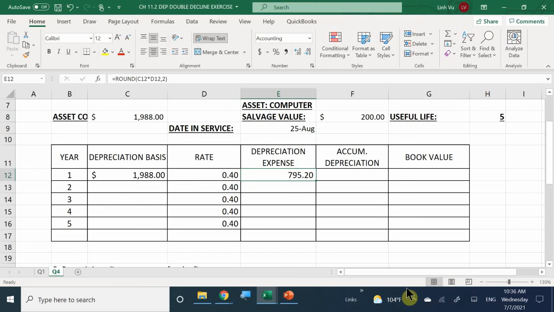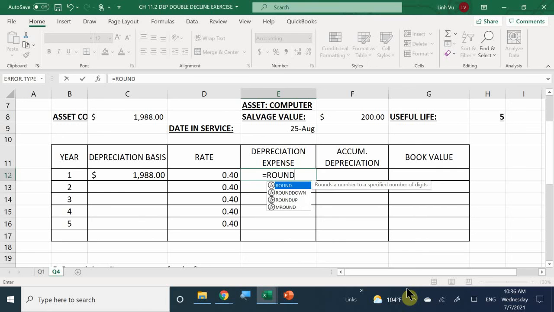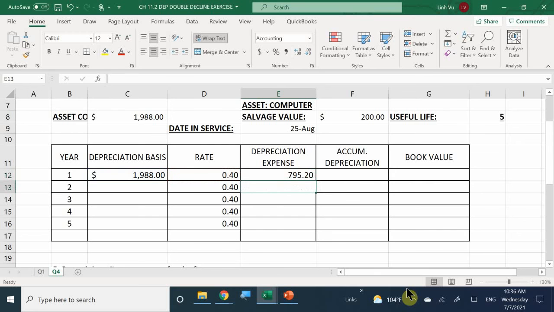Okay, try that again. 265.07. Okay, 795.20.